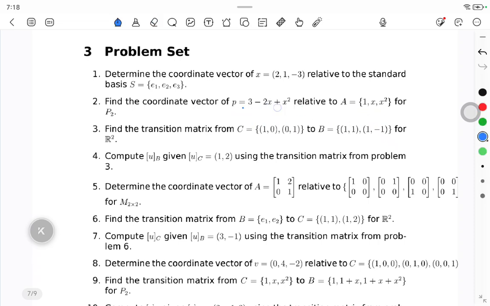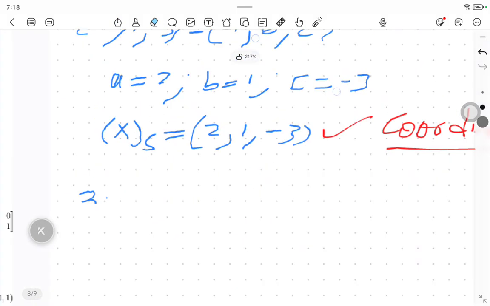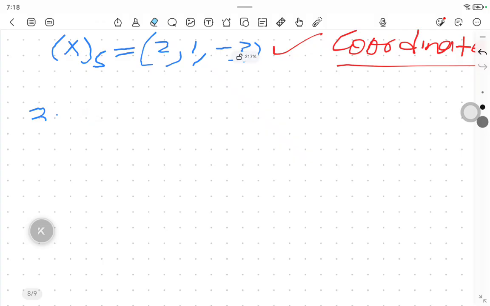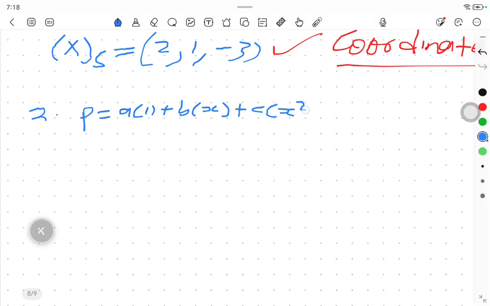So we take this, represented with the standard basis, as a linear combination of those standard bases. We say p is equal to a1 plus bx plus c x squared. After this, I'm going to give you some questions to try.